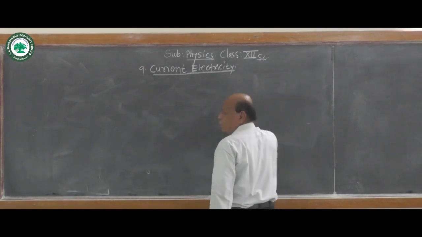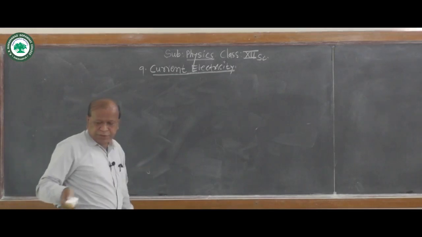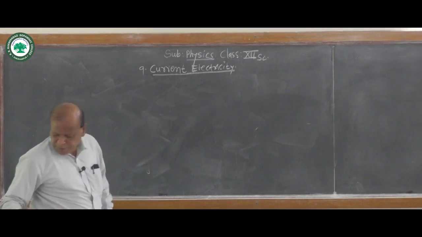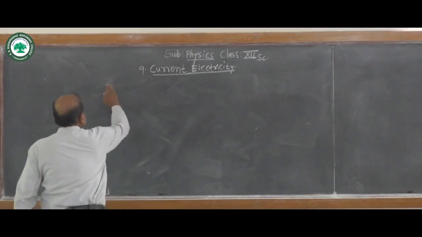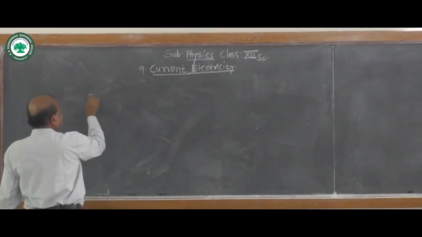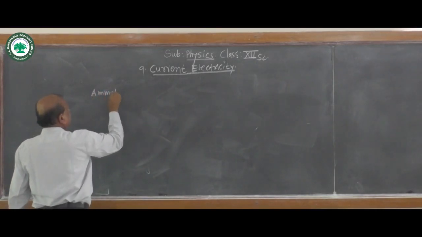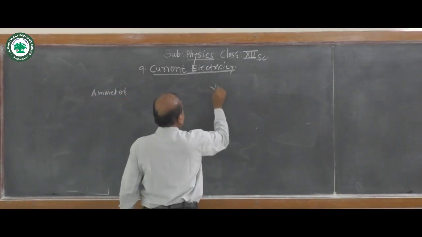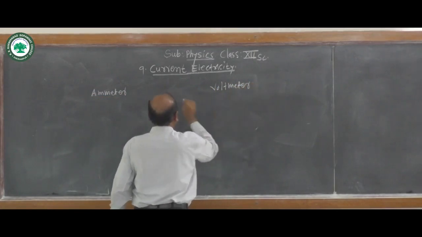Now we have to distinguish the voltmeter and ammeter. Here make two columns for ammeter and voltmeter. Here write ammeter, and here voltmeter.